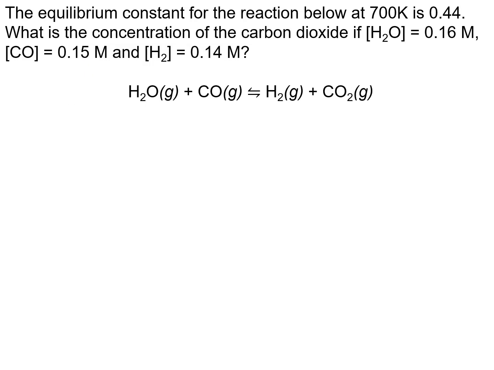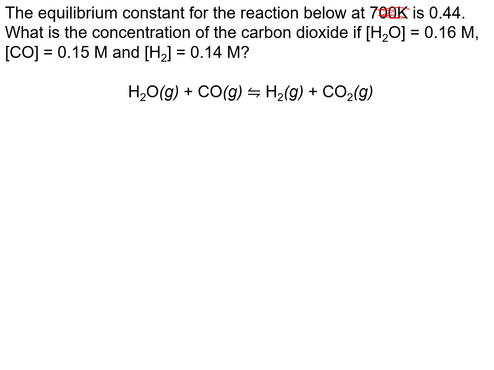Another thing that we can do is use the equilibrium constant that has already been solved for a particular equilibrium to figure out what an unknown concentration is. A lot of times when you have these wordy problems, it helps to go through and identify what things are. It says the equilibrium constant for the reaction below at 700 K. This is not the equilibrium constant.